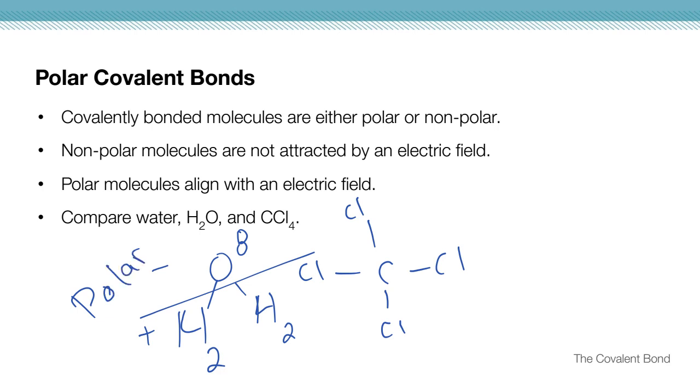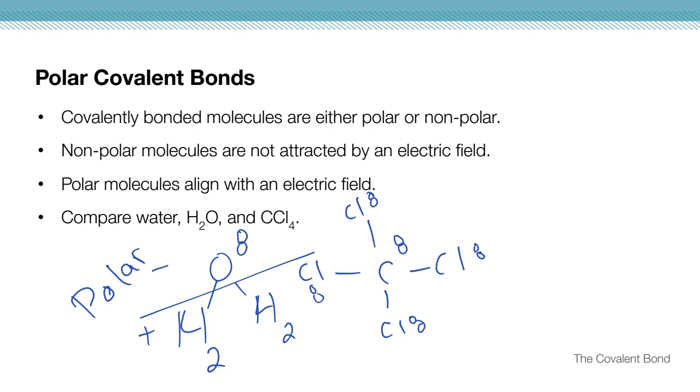Now, these guys here are all going to have 8 around them. So there's going to be an 8 here, here, here, here, and here. Now, there's also a difference in electronegativity. Chlorine obviously wants to take more electrons than carbon does.